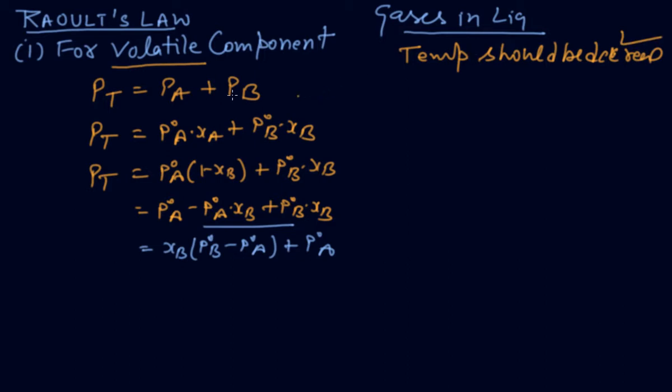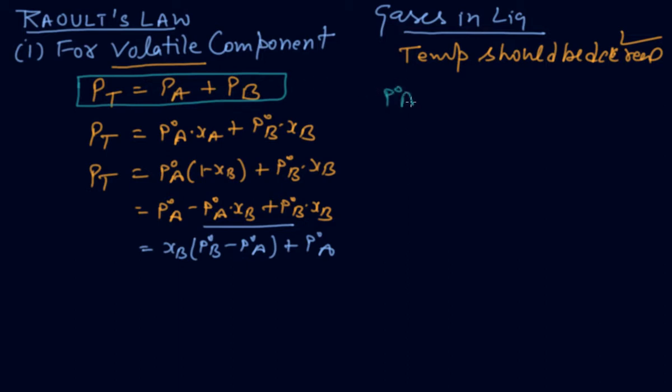And according to Dalton's law of partial pressure, the total pressure of the two components is the sum of their own pressures. Whenever two gases are chemically not combined, the total pressure is the sum of their own pressures.